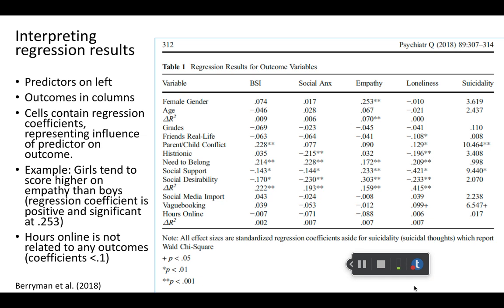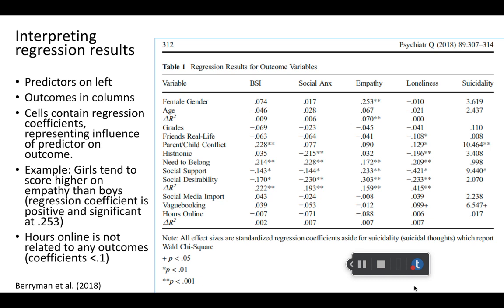So the outcomes are in columns, the column heads over numeric results. And so the first outcome is the BSI, or the Brief Symptom Inventory, which is an overall measure of psychiatric symptoms. And the next outcome is social anxiety, and then you see empathy, and then loneliness, and then suicidality.